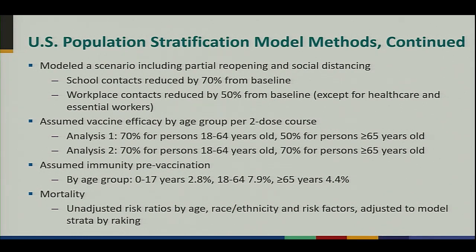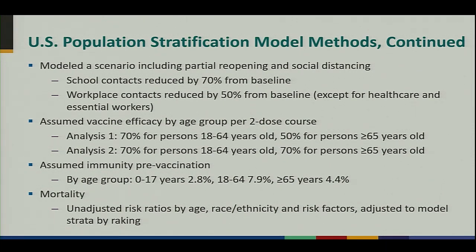In this initial analysis, we looked at two sets of vaccine efficacy assumptions by age group per two-dose course. These are broad assumptions and are not meant to represent any specific product. The first analysis evaluated a 70% VE for persons 18 to 64 and a 50% VE for persons greater than or equal to 65.